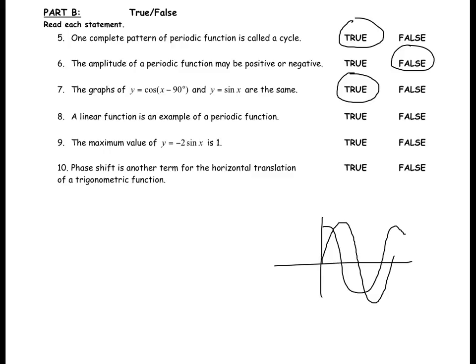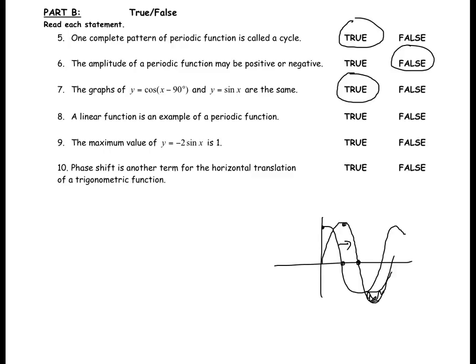You can see that if I shift the cosine curve 90 degrees to the right, this will go over here, and this point is going to go over here, and we get the sine graph. So the answer is true.